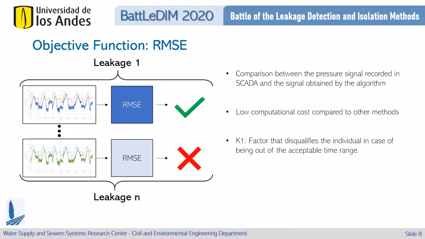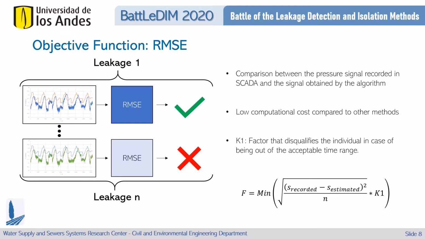For these comparisons, the root mean square error was selected because it has a low computational cost and is an evaluation criterion used in a variety of cases of supervised learning. Therefore, the objective function implemented consists of minimizing the root mean square error combined with a factor that disqualifies the individual in case of being out of the acceptable time range.